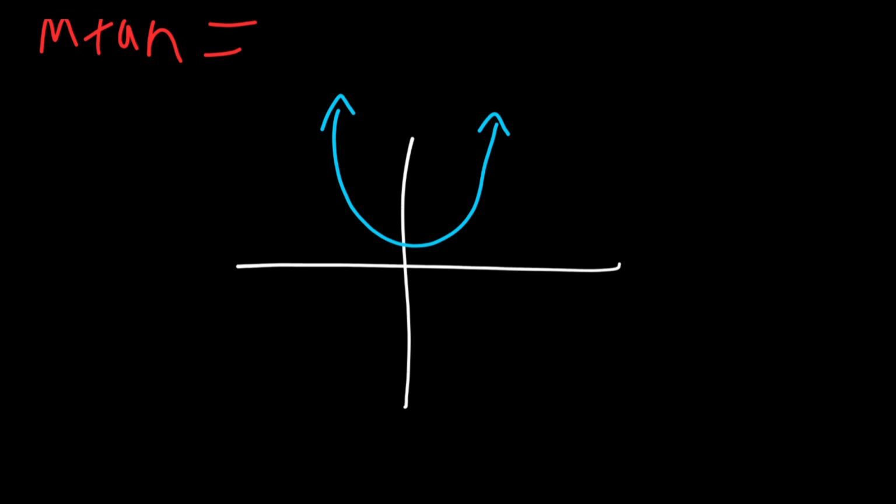And I want to find the tangent line here. I have this tangent line. And then this is the secant line that follows the actual function. And then I want to measure the distance between these two. So it's going to look something like this.